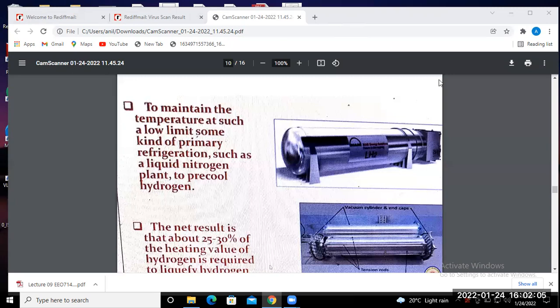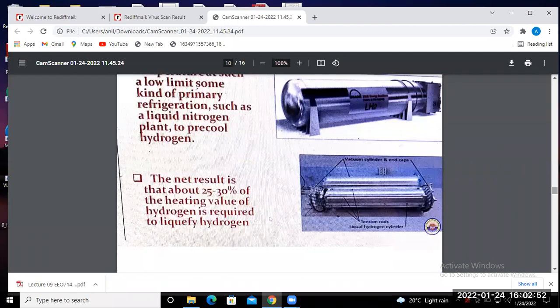The net result is that about 25 to 30% of the heating value of the hydrogen is required to liquefy the hydrogen. I know that hydrogen can be used as a fuel, and you may find a lot of vehicles using hydrogen gas in recent times.